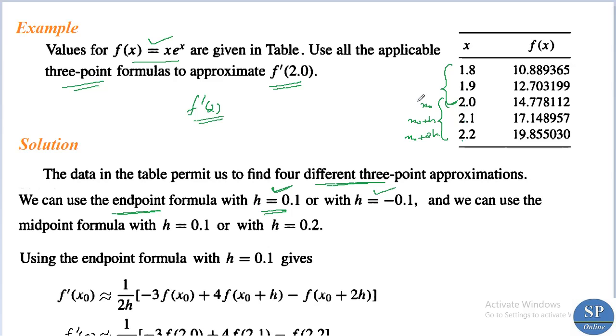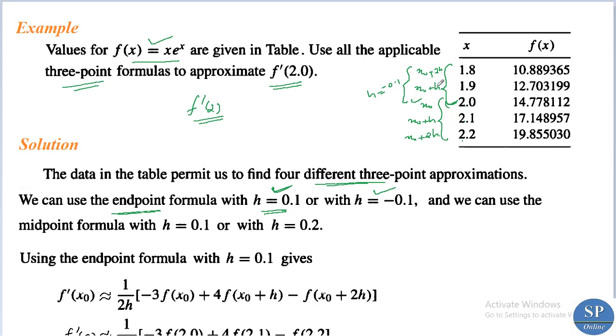Also, we can use these three numbers to find the approximate value at the point 2 using the endpoint formula. In that case, we can take this as x naught, and this value as x naught minus h, and this as x naught minus 2h. Or if we are using h equal to minus 0.1, then x naught plus h is equal to 2 minus 0.1, so 1.9, and x naught plus 2h is equal to 1.8.